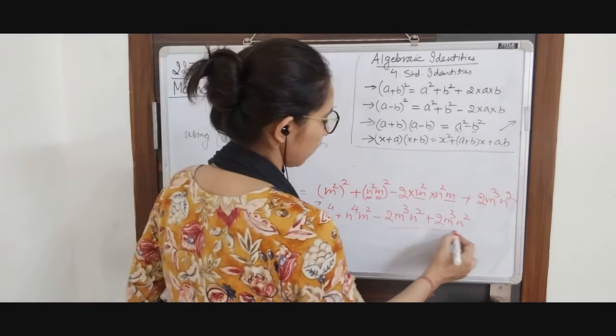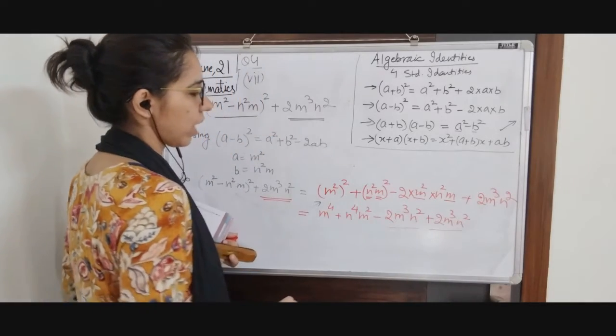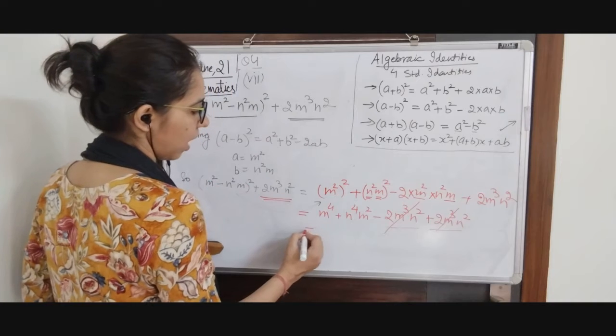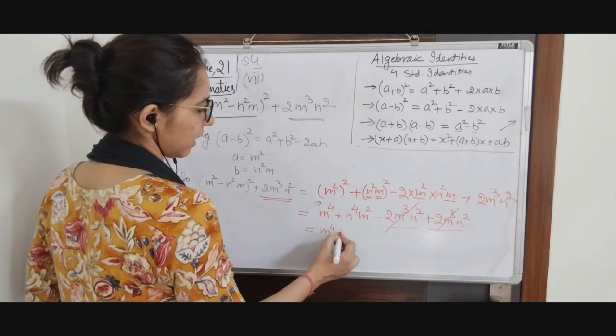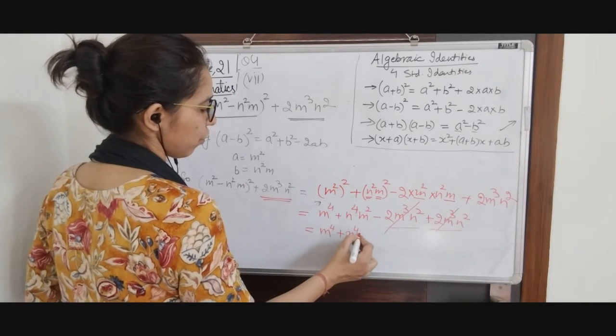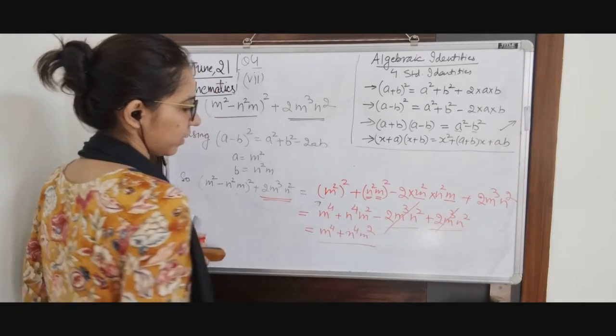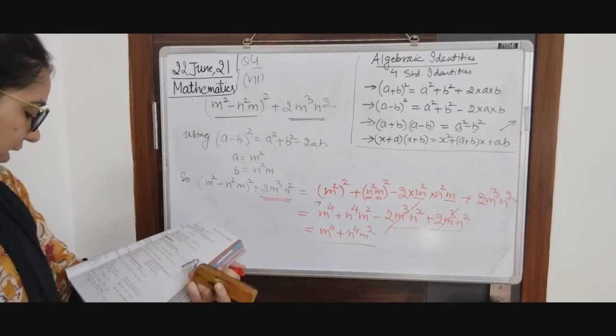Now we have minus 2 m cube n square plus 2 m cube n square. I can cancel them out and after that I am left with n to the power 4 m to the power 2, which is our required simplified expression.